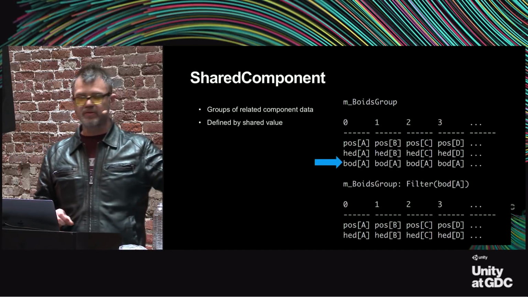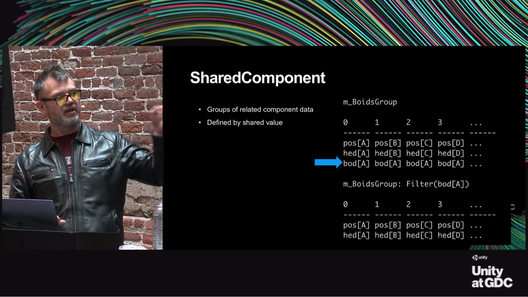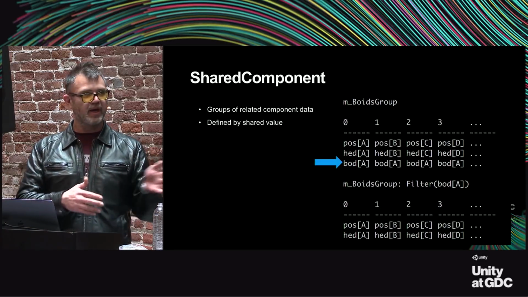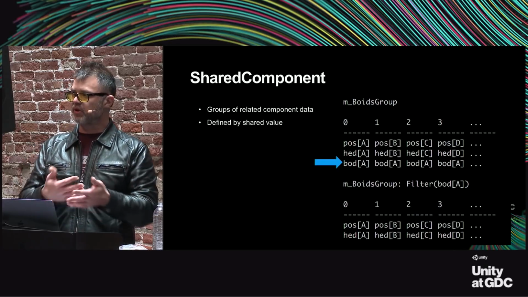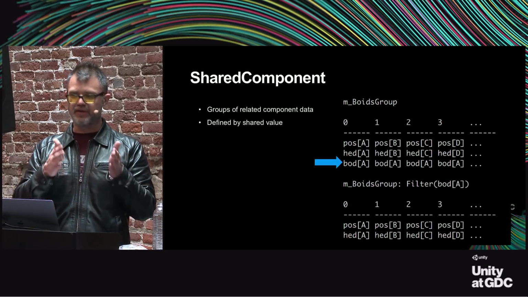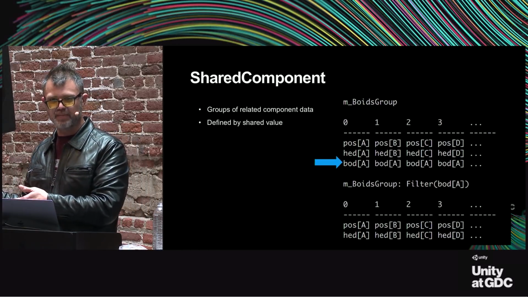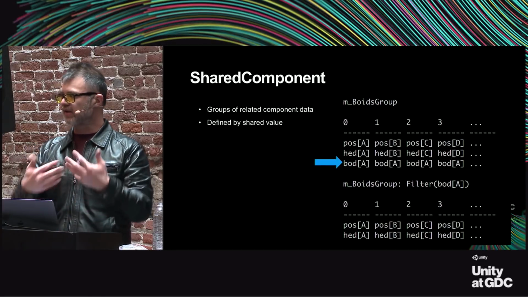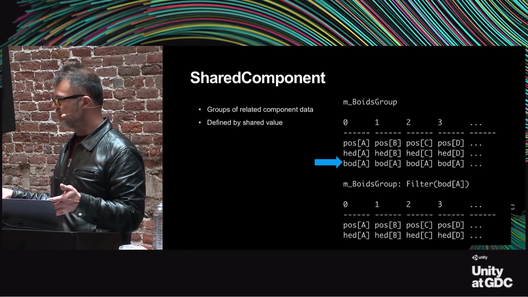Each one effectively says this is Boid value A. They're by value the same thing. In which case, because they're declared shared components, they're not stored in a way where every individual one is copied and stored. They can be combined, and those streams can then be allocated in a way that's relative to that particular group.